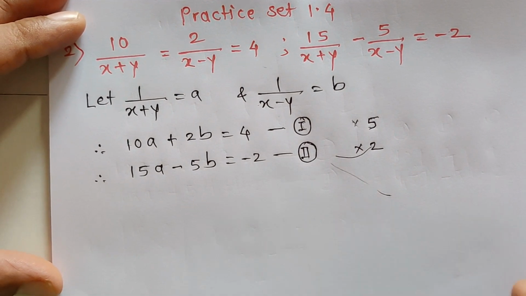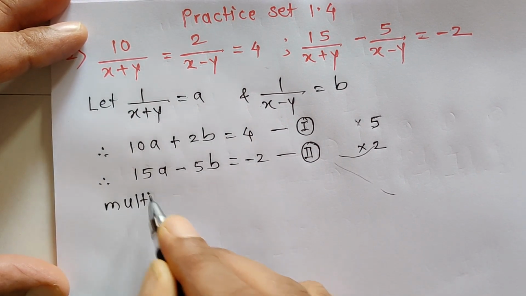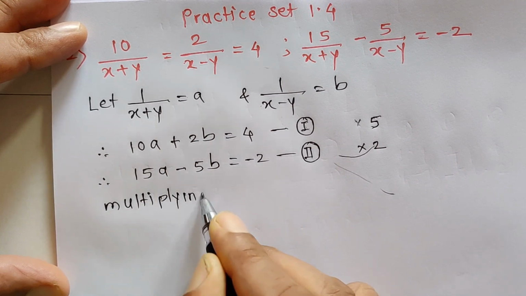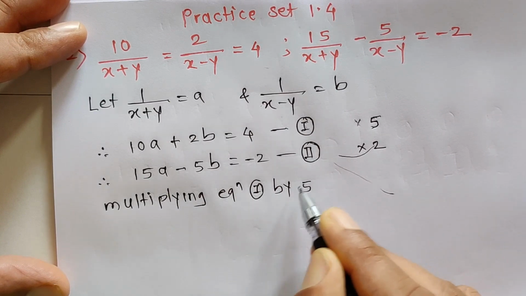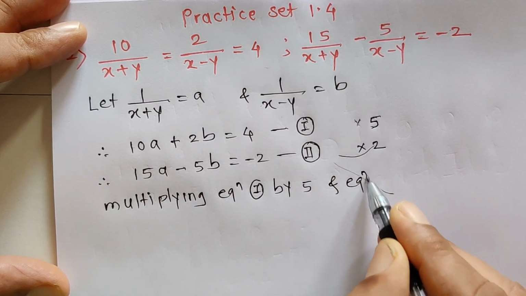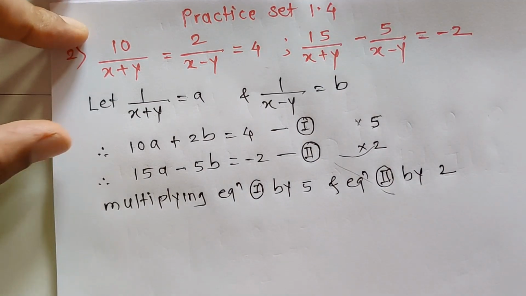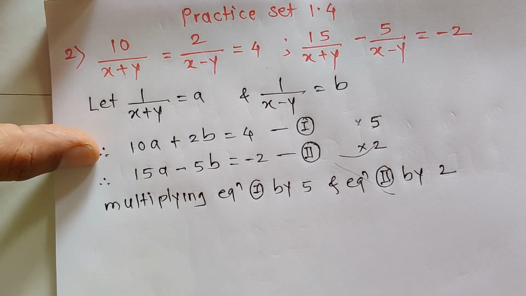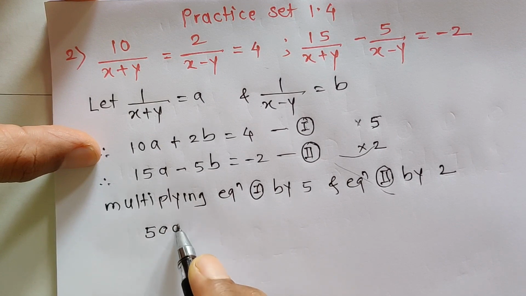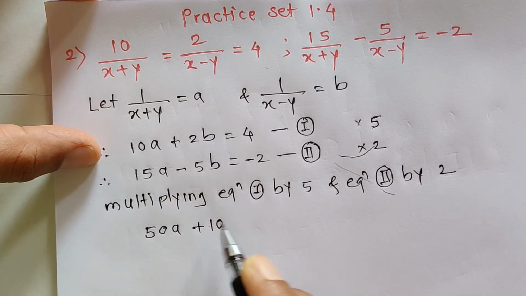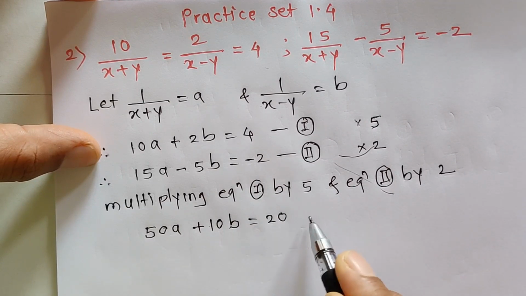So we have to write, multiplying equation 1 by 5 and equation 2 by 2. So equation 1 we have to multiply by 5. So 5 tens are 50a plus 5 2s are 10b is equal to 5 4s are 20.